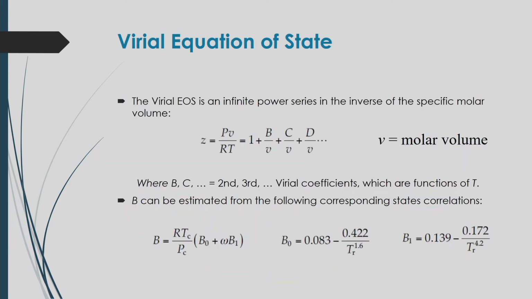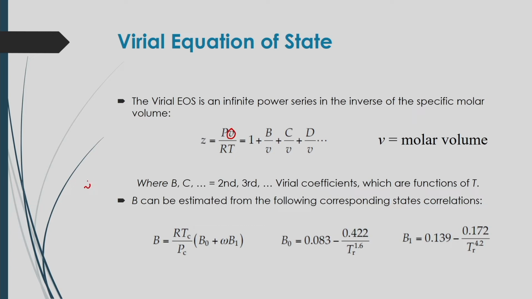Now, to represent non-ideal gas behavior, according to the concept of the ideal gas equation, we are considering here the general form of the non-ideal gas equation: PV is equal to ZRT. Here small v is nothing but the molar volume.